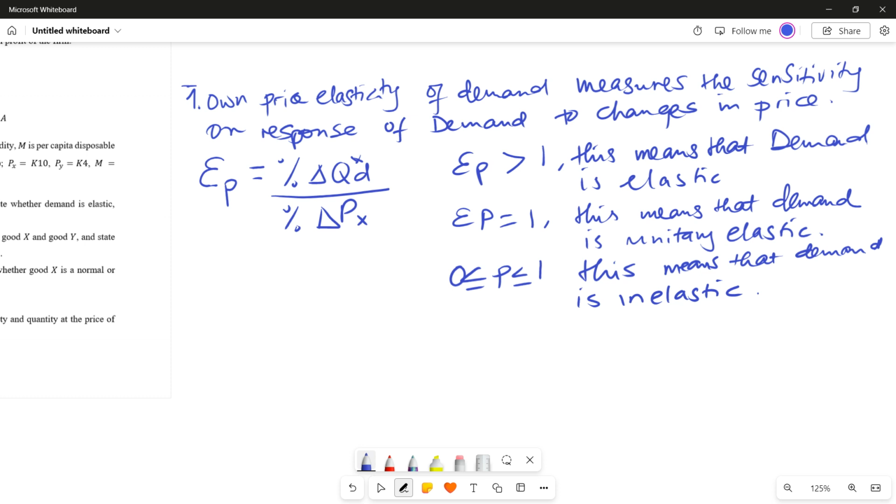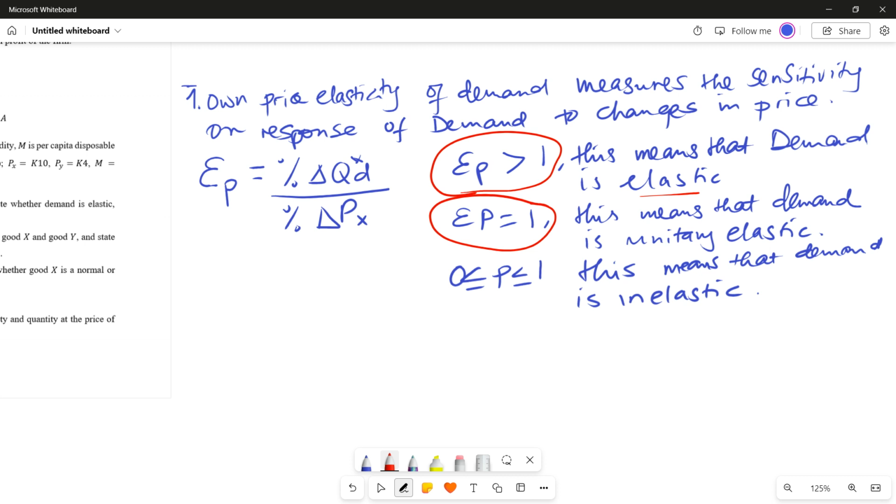So what we're saying is that if we have calculated price elasticity of demand and found that the value is greater than 1, then demand is elastic. If the answer is exactly equal to 1, then demand is unitary elastic.